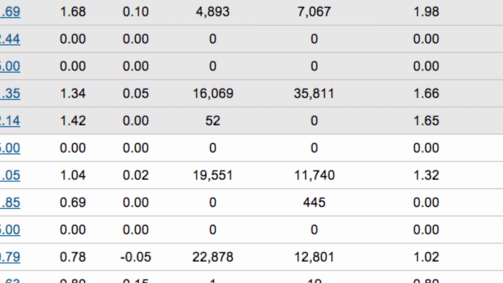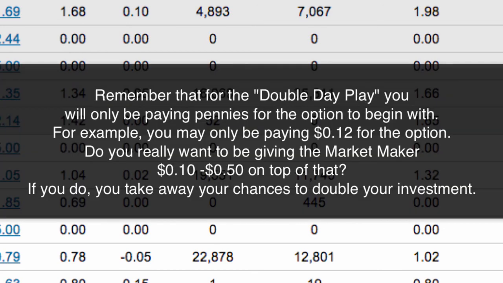That takes away from your profit margin and decreases the likelihood that you're going to double or more than double your investment. So only give him a penny if you can help it, 5 cents at the highest, and you can find those 1 cent increments by finding options with high liquidity, a combination of the volume and the open interest.